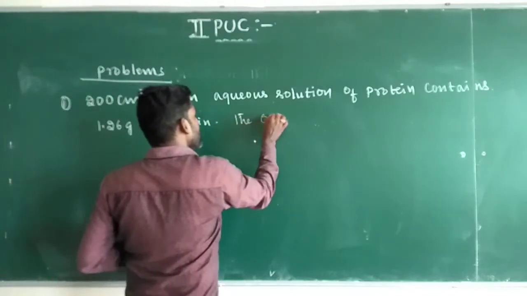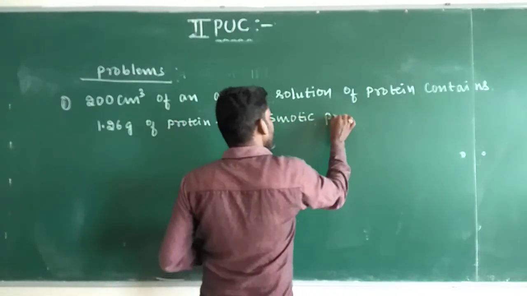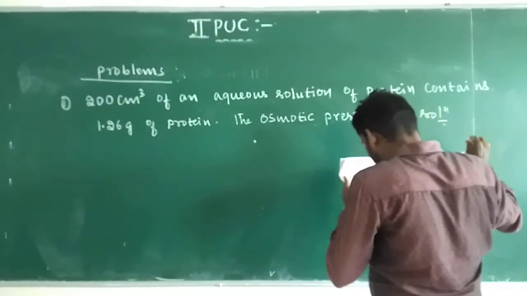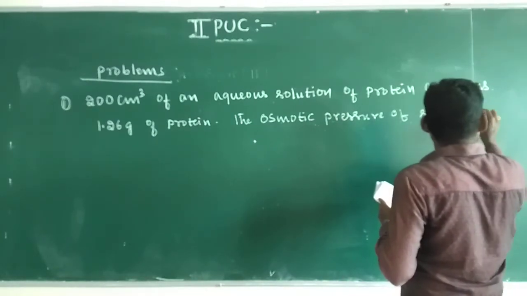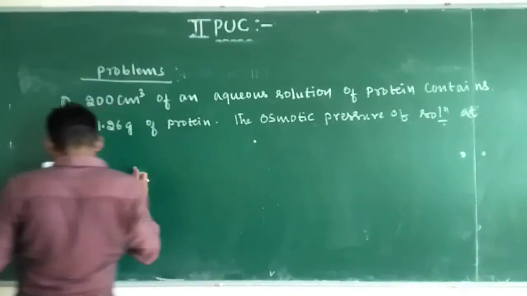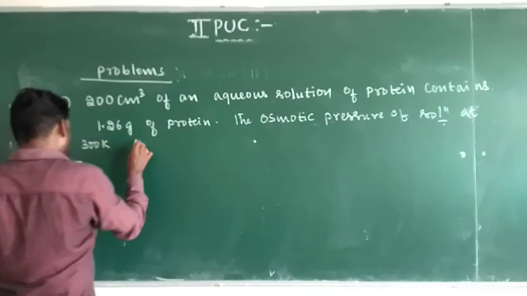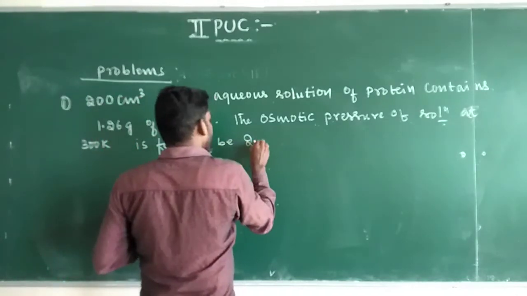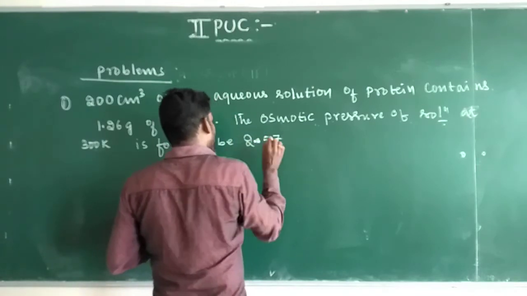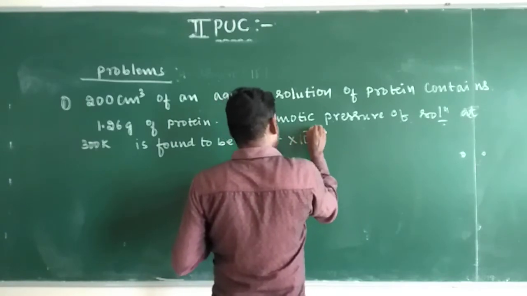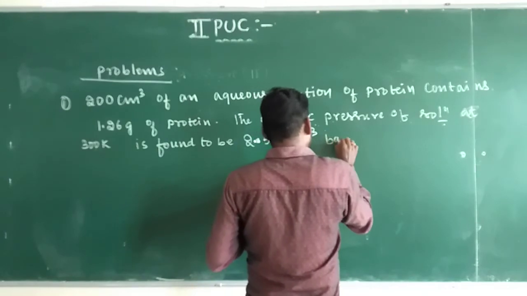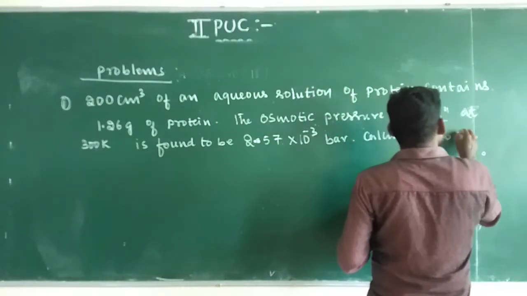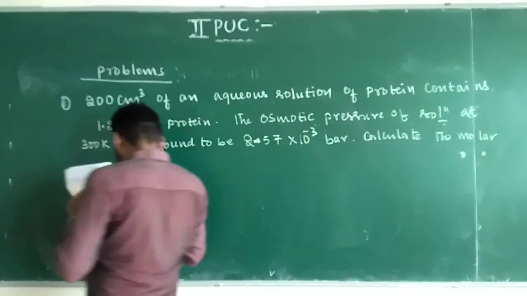The osmotic pressure of the solution at 300 Kelvin is found to be 2.57 into 10 power minus 3 bar. Calculate the molar mass of protein.